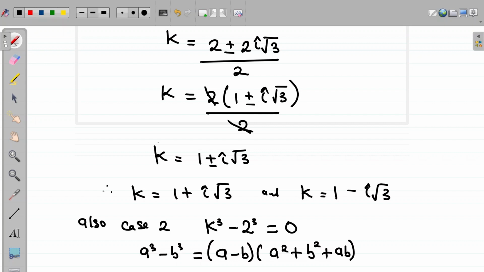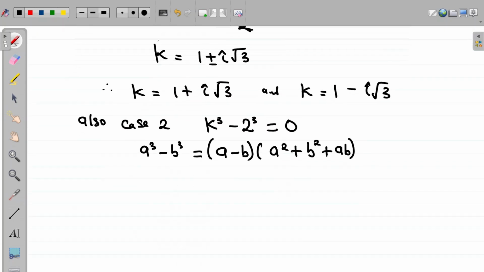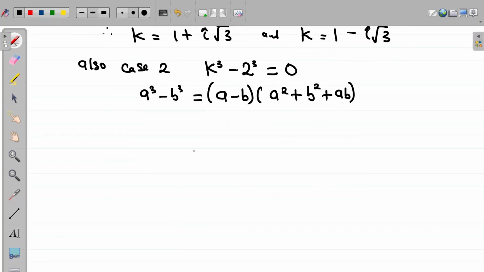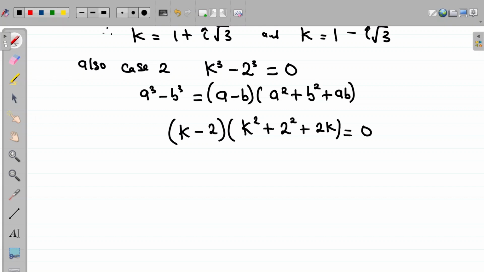Therefore, we can represent our equation as this. So we have that k minus 2 multiplied by k squared plus 2 squared plus 2k, close the bracket, equal to 0.